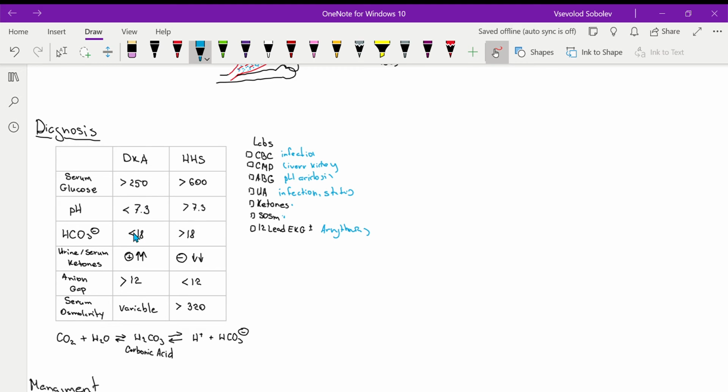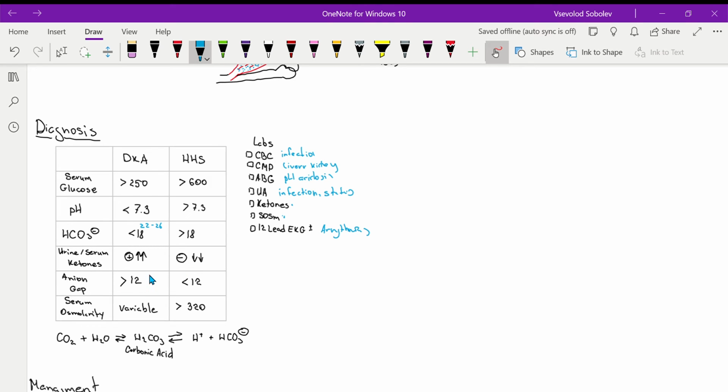Their bicarbonate will be below 18, and the normal is 22 to 26. So that will be below, and urine serum ketones will be present, super high serum ketones. In hyperosmolar hyperglycemic state, they will be very low.